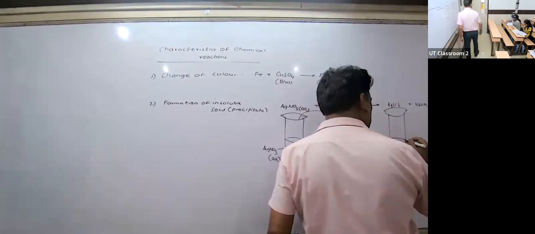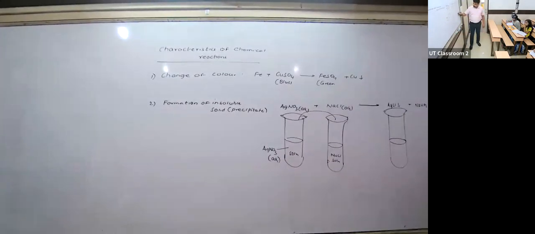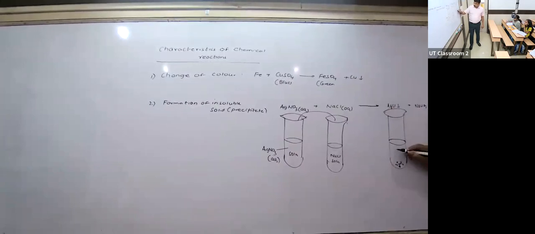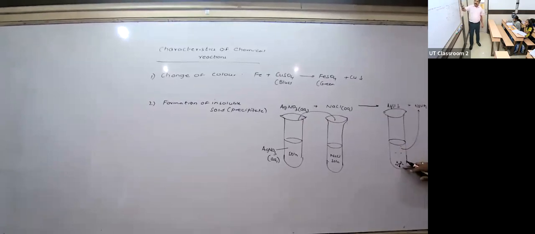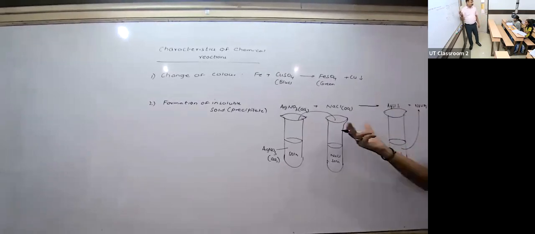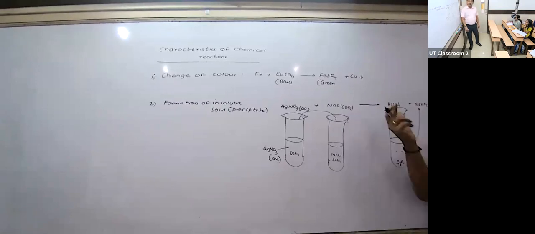How will you come to know there is a precipitate? Immediately you will find some white precipitate developing over here: white precipitate of silver chloride. And this solution, which is a clear solution, is sodium nitrate. So once you get this precipitate, it means a chemical reaction is taking place. Change of color.